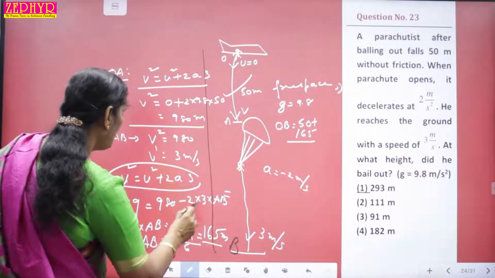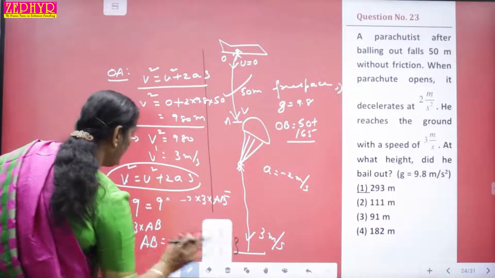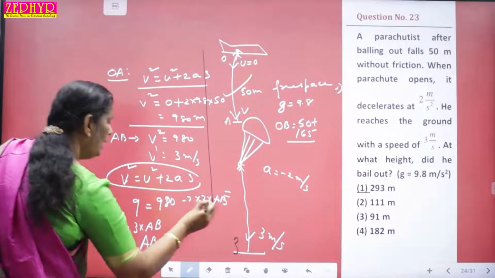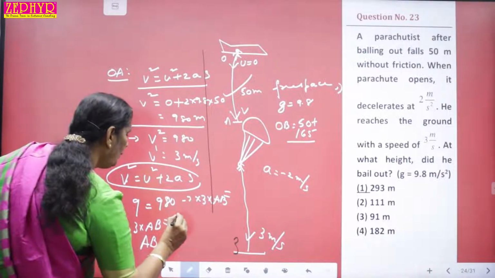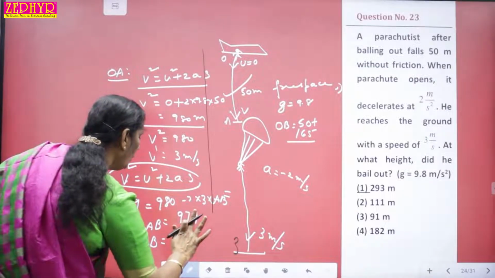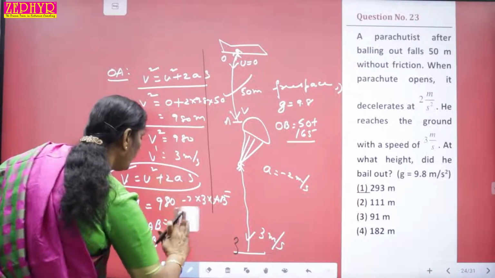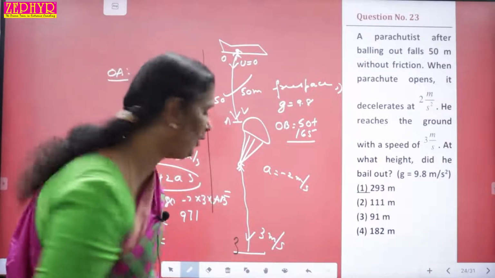3 square, so this is minus, this is minus. Sorry, here I made the mistake. So this is 980 minus 9, so it will be 971. I had to subtract, I added it, sorry for that.